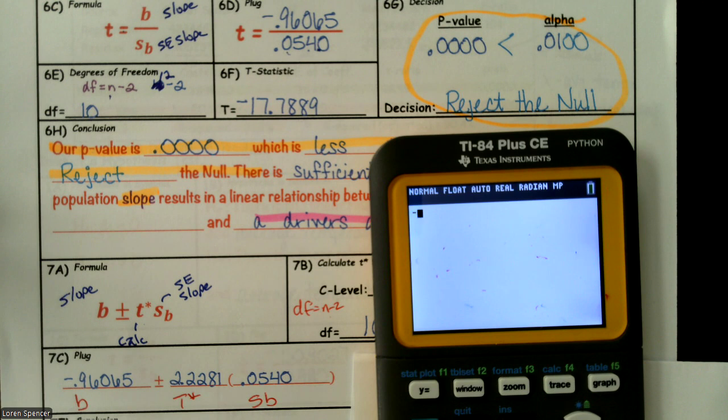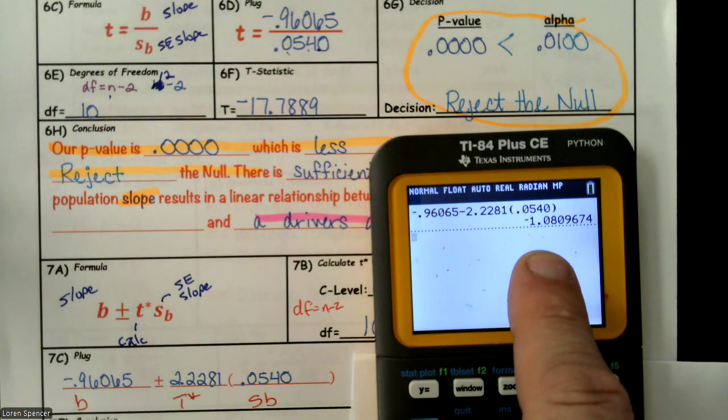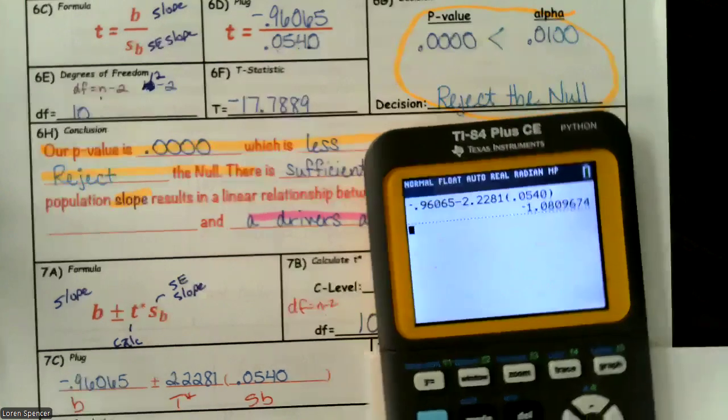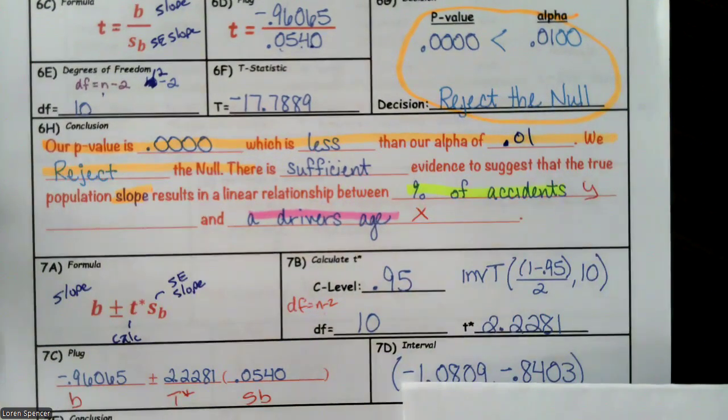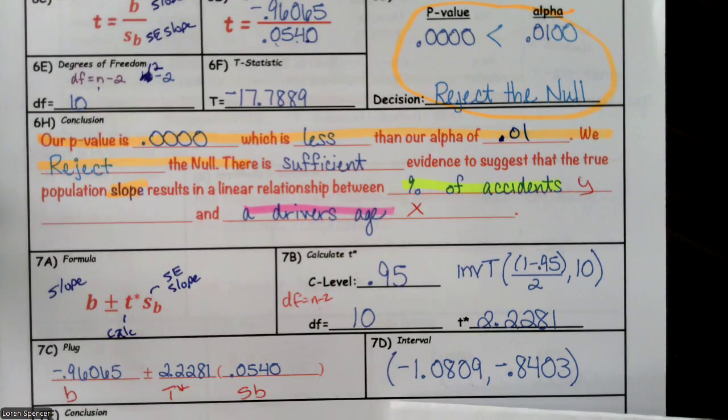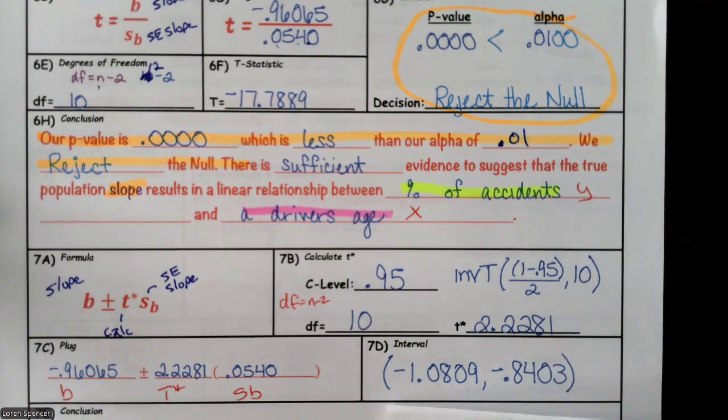So negative 0.96065 minus, so we're always going to start with a minus, 2.2281 parenthesis 0.0540 close parenthesis. And that gives me a negative 1.0809. And that's my lower bound. And that's what we have right here.